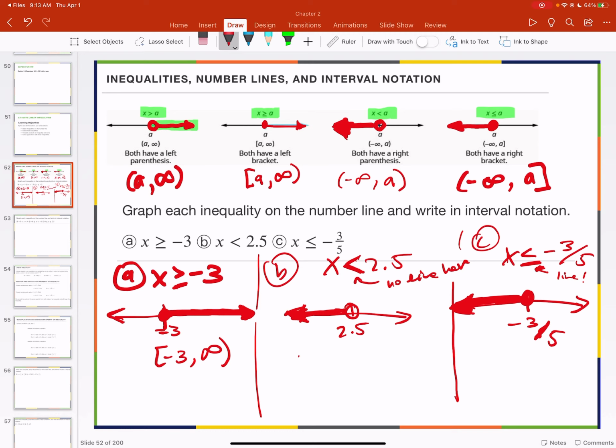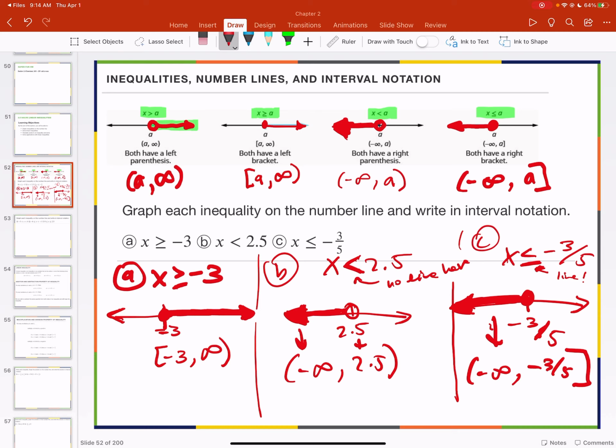So for B, it goes from negative infinity to 2.5, and it doesn't include it. So notice that if you have it graphed on the number line, it's easy to go from graph to interval notation. Here it would be negative infinity, -3/5, and then you would bracket it because it's a closed circle, or because you included it.